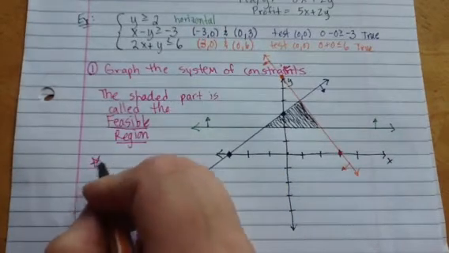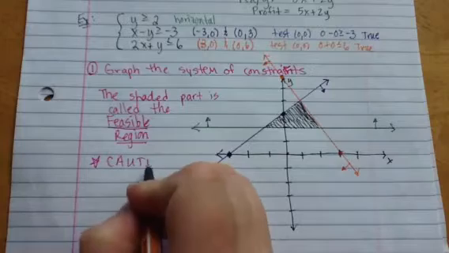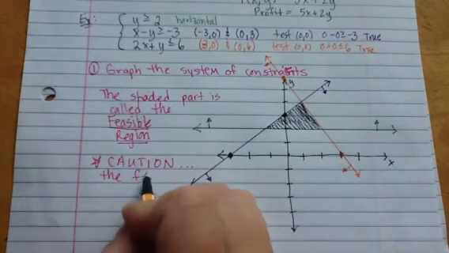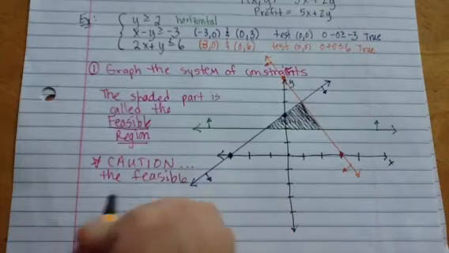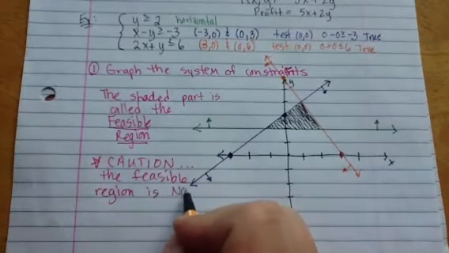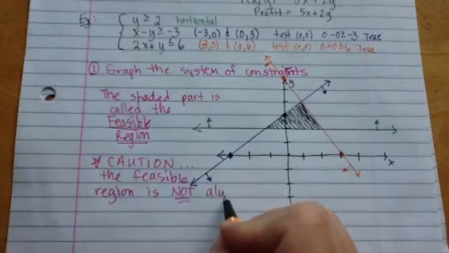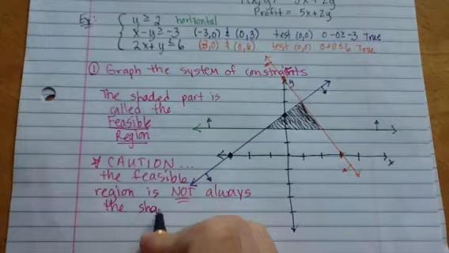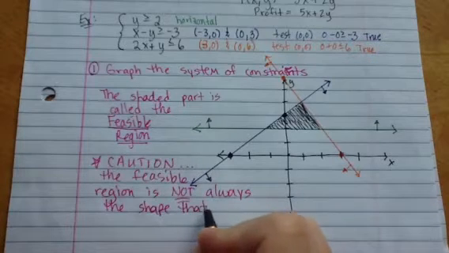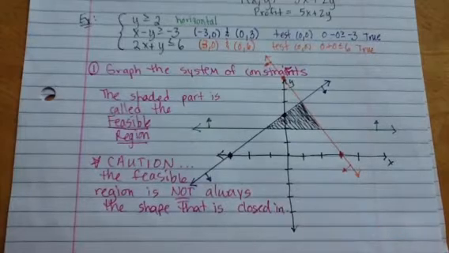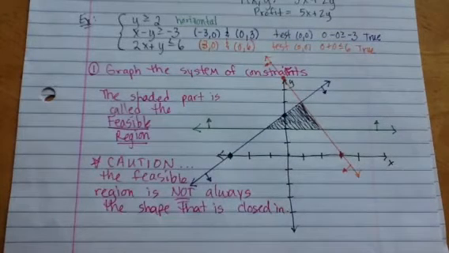So just know that the feasible region, which is the shaded section, is not always the shape that is closed in. It happens to be in this problem.